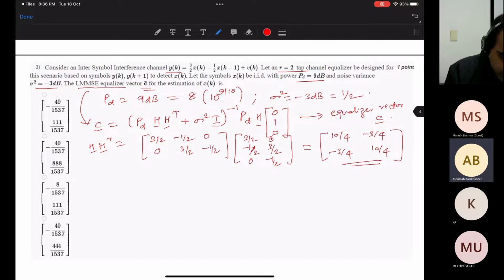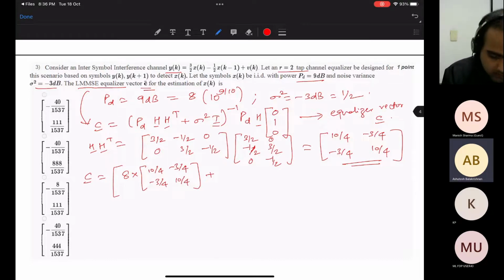Then if we substitute everything, C will be PD, which is 8, times the matrix 10/4, minus 3/4, minus 3/4, 10/4, plus sigma square I. Sigma square is half, so you have half 0, 0 half, and you need to take the inverse of this.